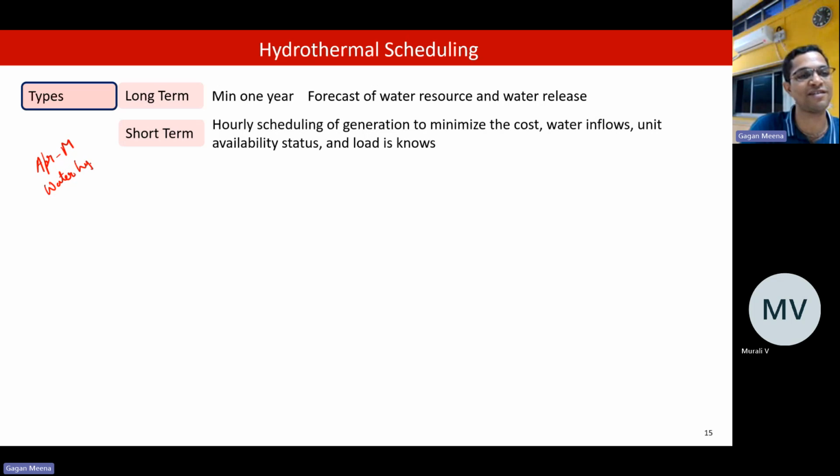It starts from June, June to May, because June, July, August, September, these four are monsoon season, right? Because monsoon is there, the dam will be filled. So for filling the dam, we have to empty it first, right?